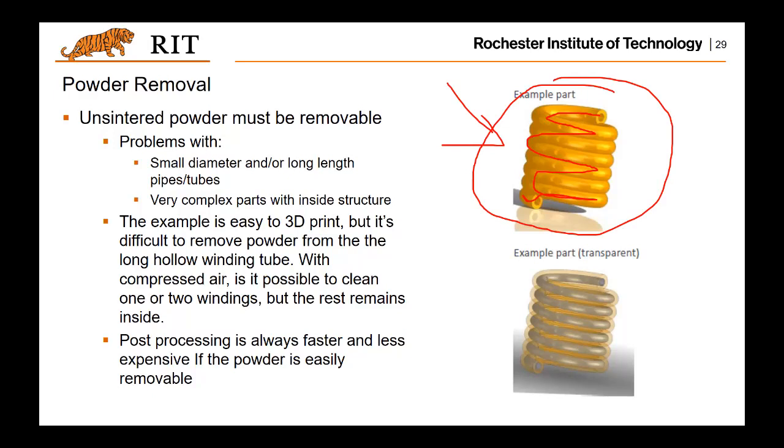And to remove it will be quite difficult. Instead, if you have, let's see, some tube like this, right? It will be very easy to remove the excess powder instead of such a complex shape. So when you design the parts, you want to consider this as well.